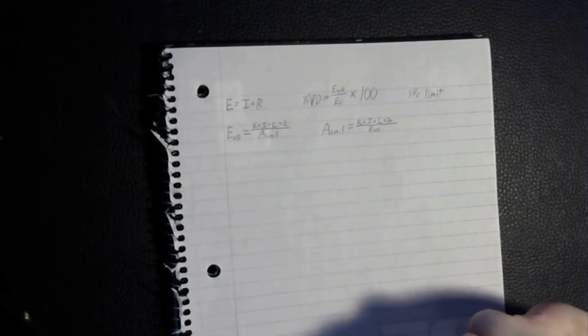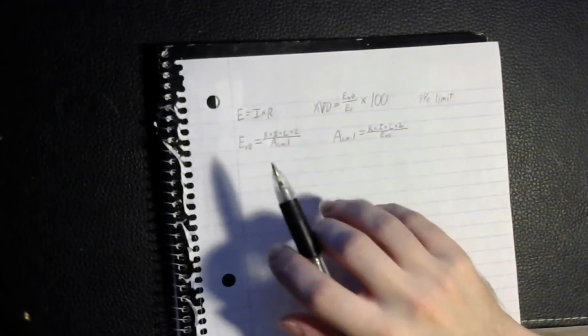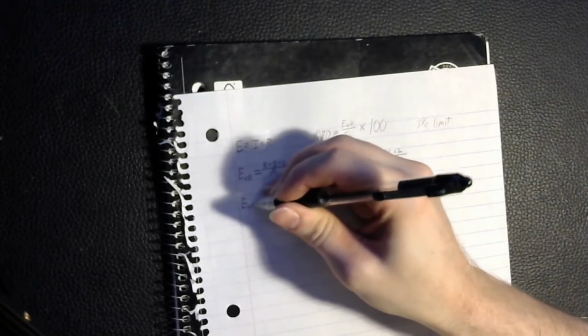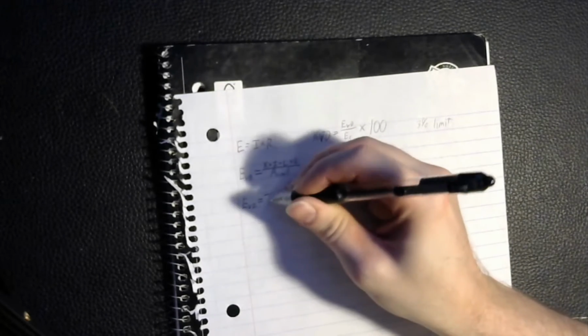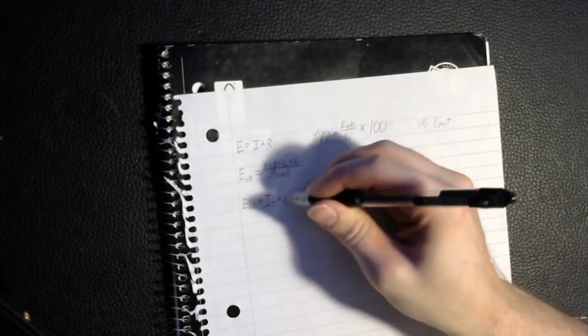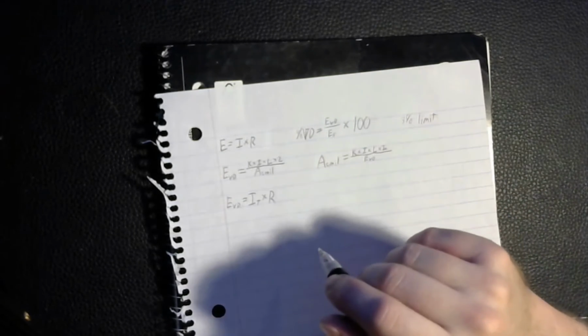So what you basically need to do is calculate your voltage drop, and then just add that to the rated voltage, and that will be your source voltage. So basically, EVD is equal to IT, your total current multiplied by your resistance across that particular path.